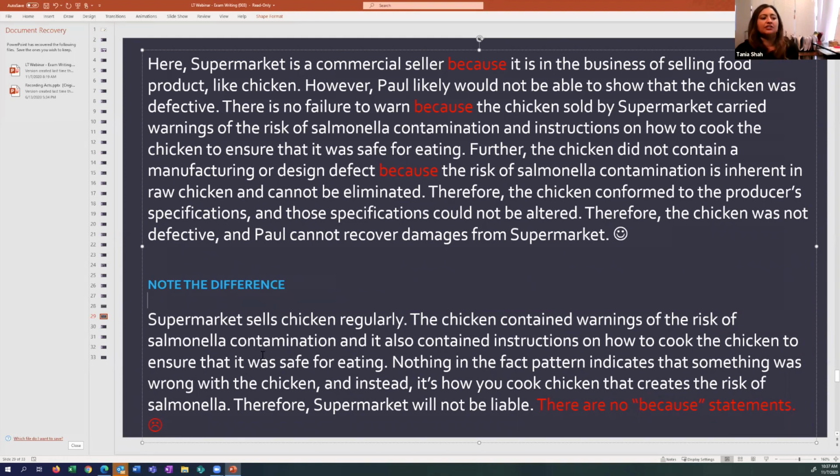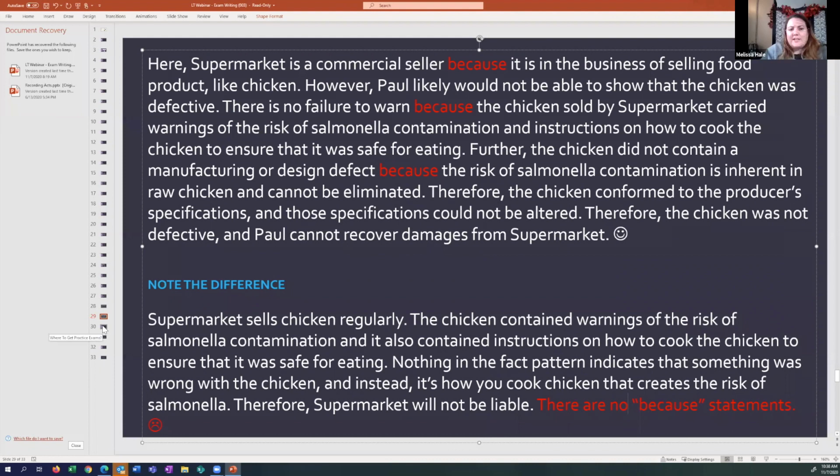But the question is, how does one make it into a good analysis? This really illustrates how this person is connecting their law and their fact together, where this person has no connectors, right? There's no the plus, right? The law plus the fact, the law, and then that statement because, and then the fact.